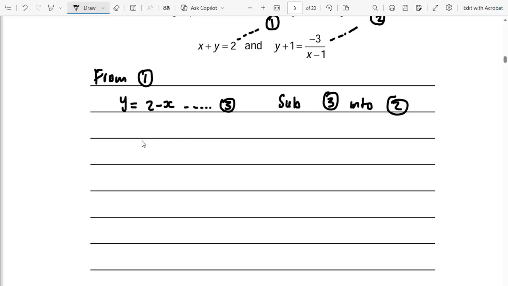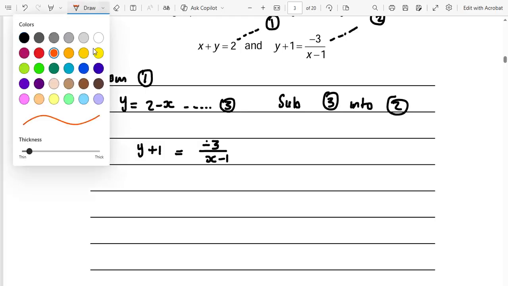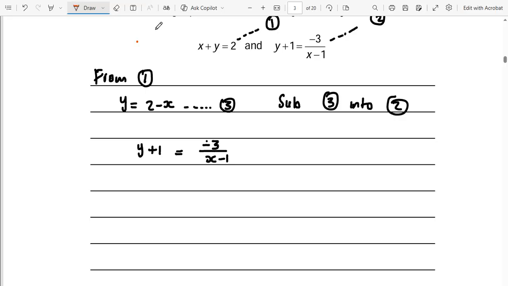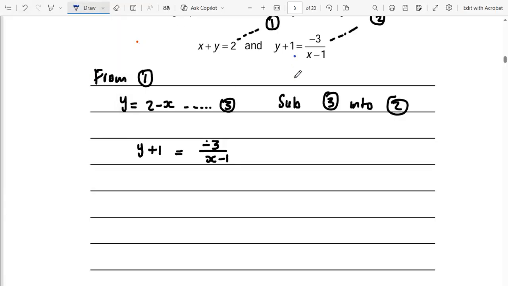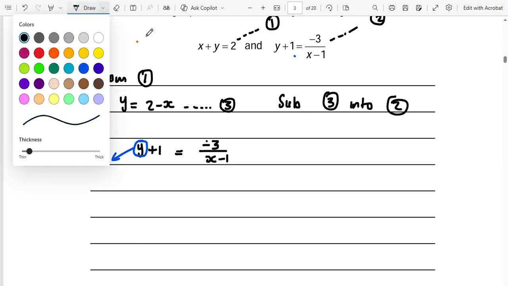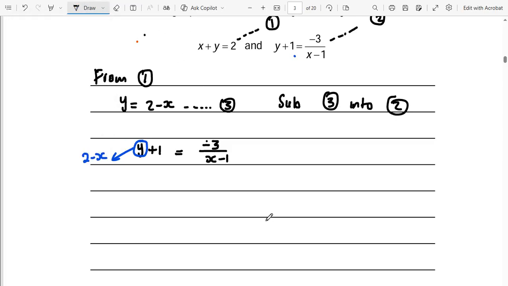So if you look at equation 3, it's y plus 1 equals minus 3 over x minus 1. So where you see this y here, the y value, we need to sub in the 2 minus x.